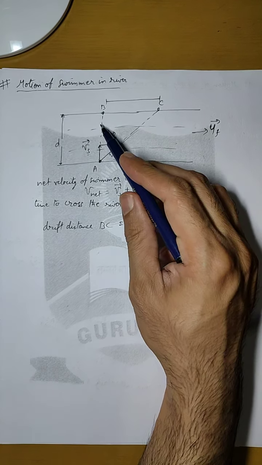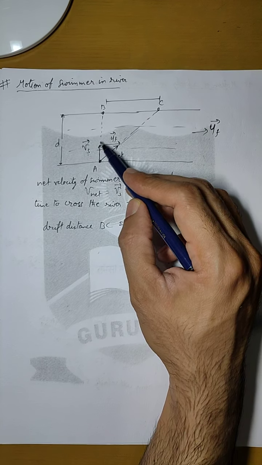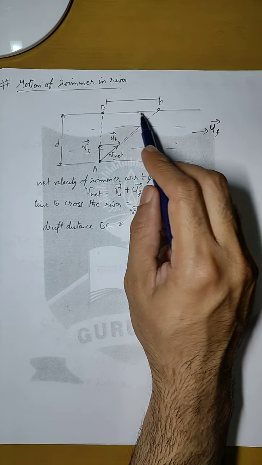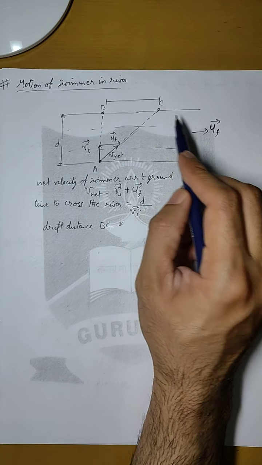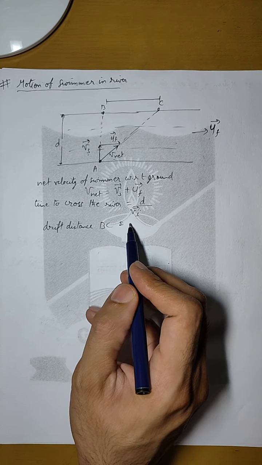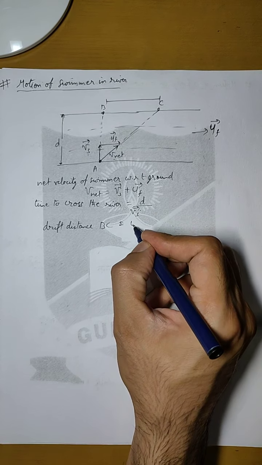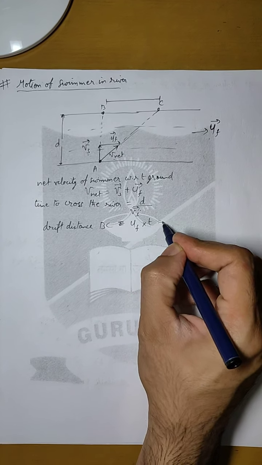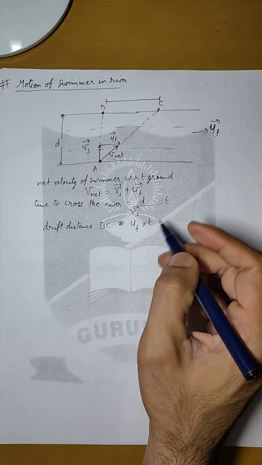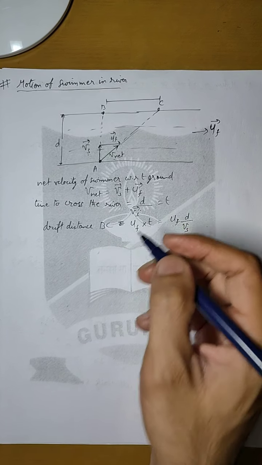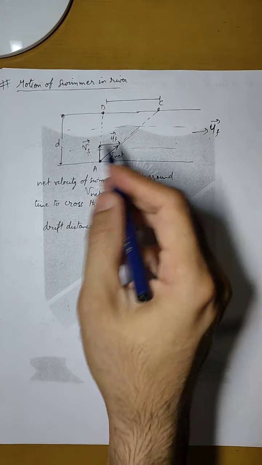Vs is from A to B. Vs is not going to contribute in covering the distance from B to C. To find the distance from B to C, the only velocity working in this direction is Uf. So when we calculate the drift distance, it will be equal to velocity into time. The velocity here will be the velocity of the river, Uf, into the time, so it will be Uf D upon Vs. This will be the drift distance, which is BC here.